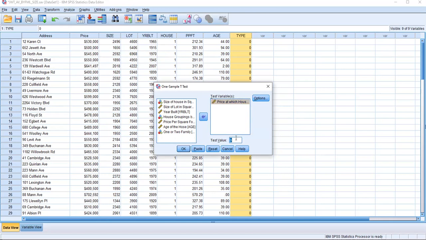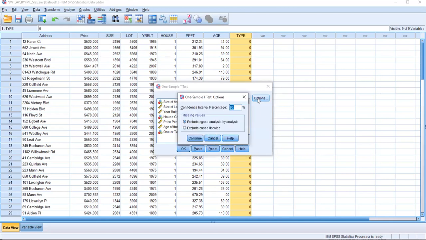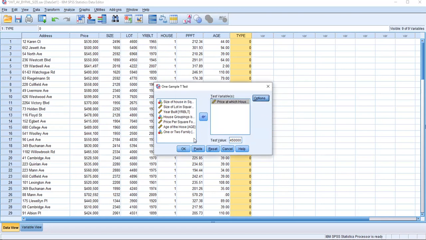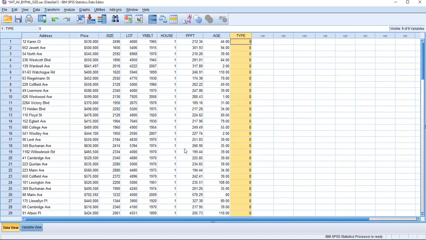Our null hypothesis is that the houses sell for more than $450,000. So we put in the test value of 450,000. We're going to test at 99% confidence interval, which is alpha is 0.005. Okay, and ask me questions after that. And so, what do we have?